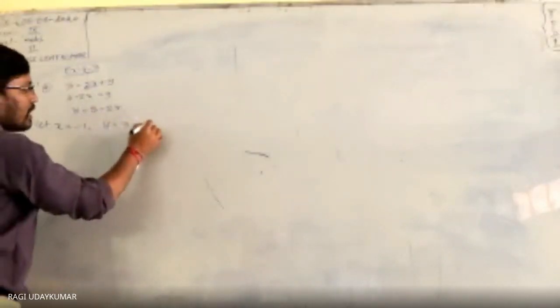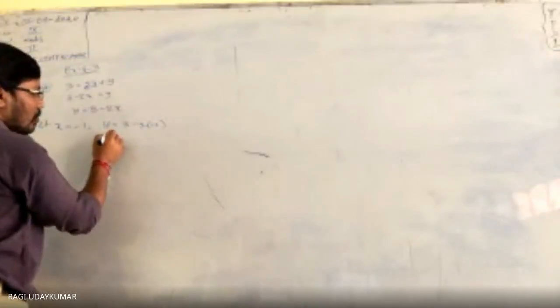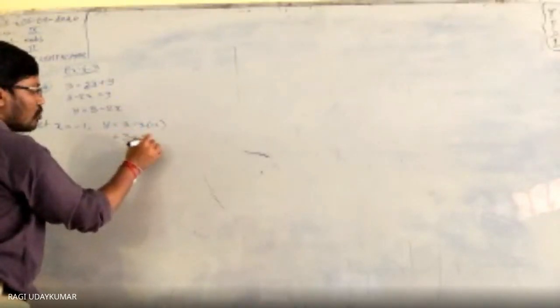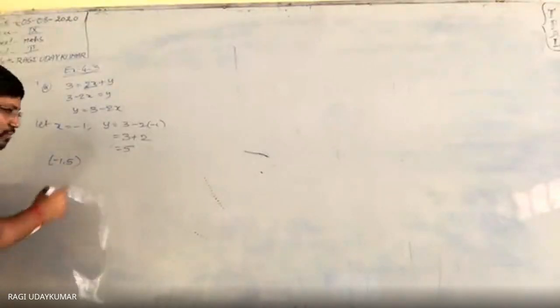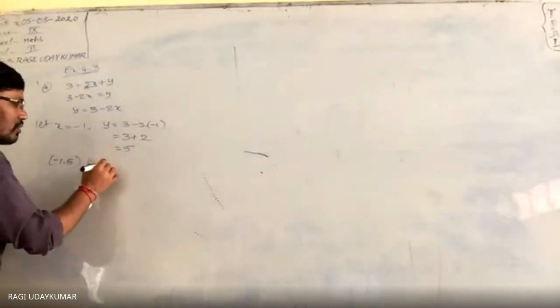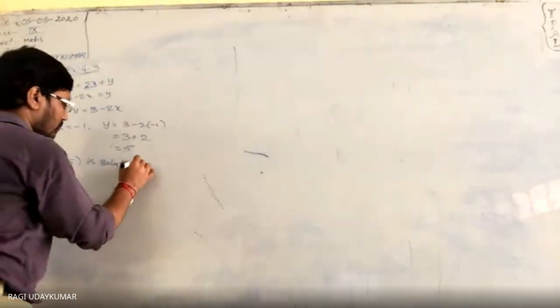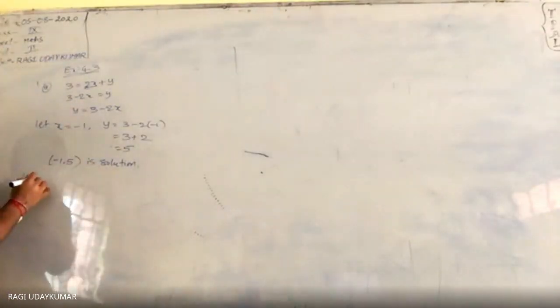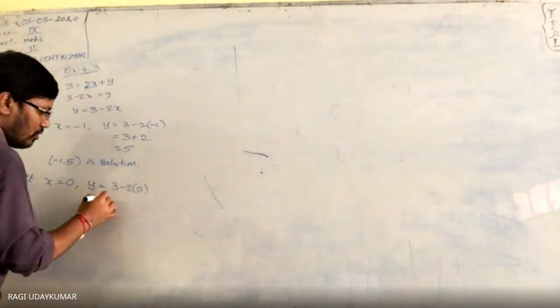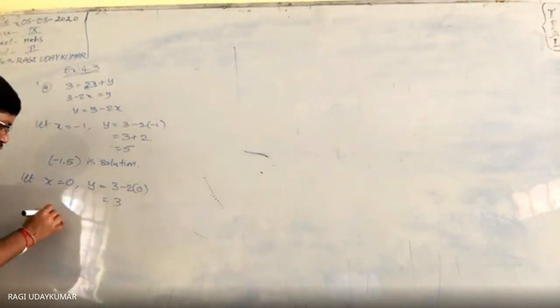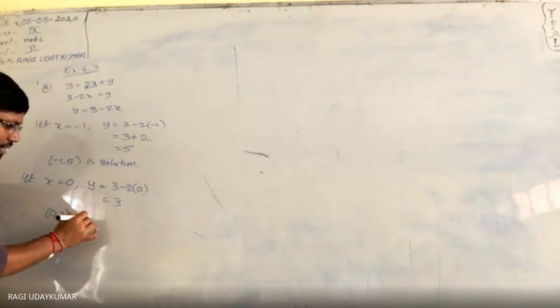Y is equal to 3 minus 2 into minus 1, so it is equal to 3 plus 2 is equal to 5. The point is minus 1 comma 5 is solution. Let x is equal to 0. Y is equal to 3 minus 2 into 0. So 3. Therefore 0 comma 3 is another solution.